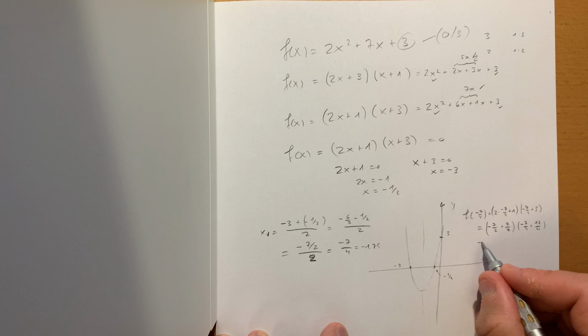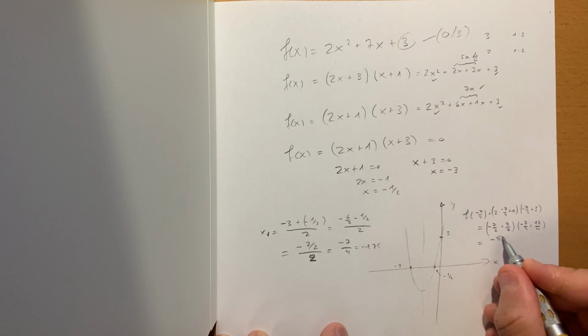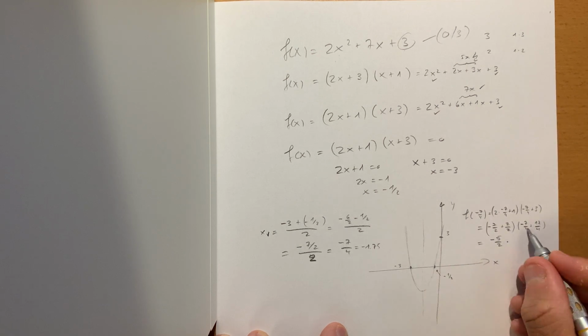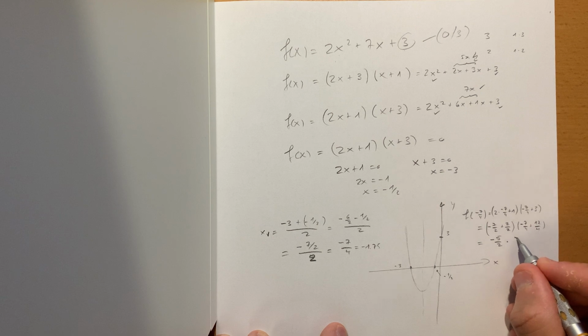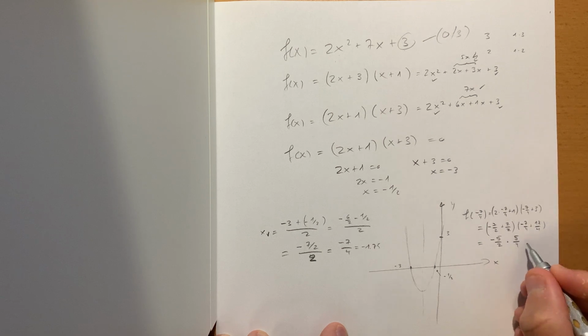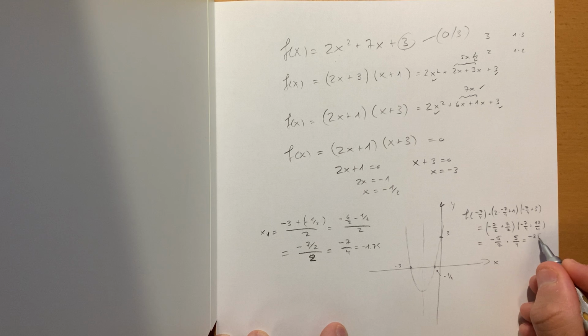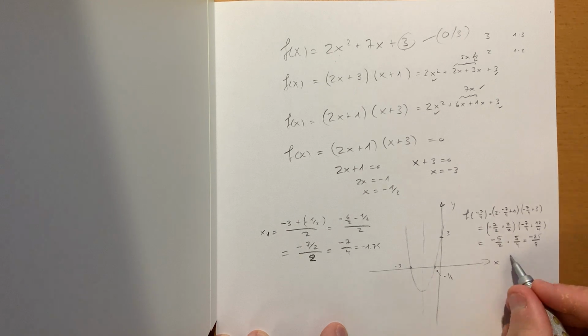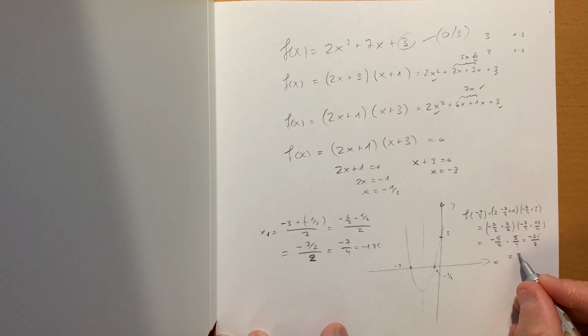So this is going to be minus 5 halves times 5 quarters, which is minus 25 eighths, which, worked out as a decimal number, is minus 3.125.